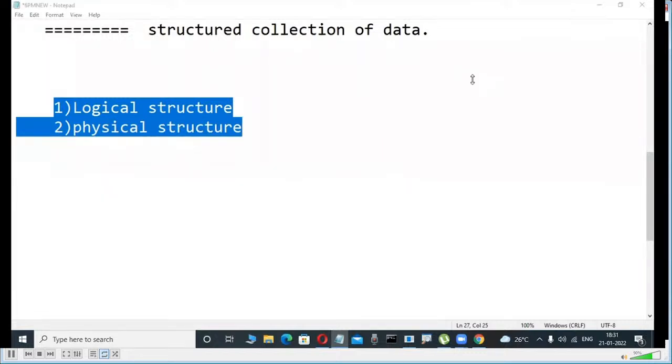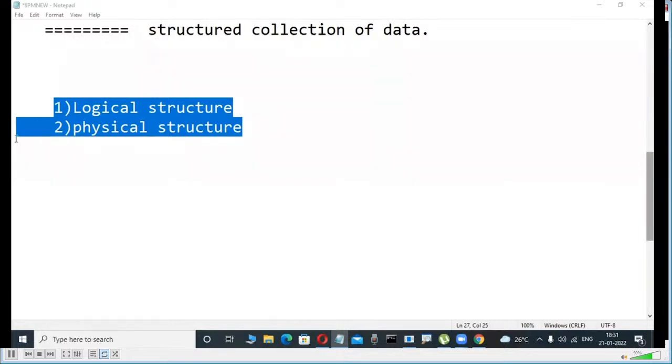And now here, yes, what is logical structure? What is physical structure? Anybody? Okay, some fellows are telling logical structure means logical structure, physical structure means physical structure only. No, don't tell like that. Okay, yes, here. What is logical? What is physical? It is very easy.